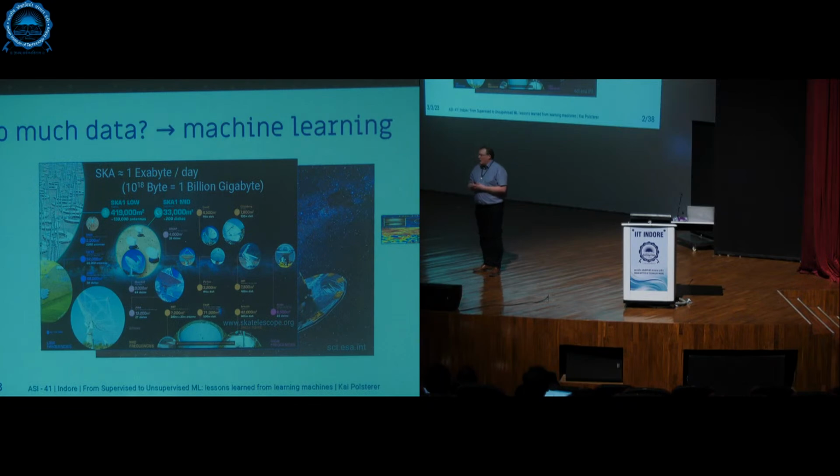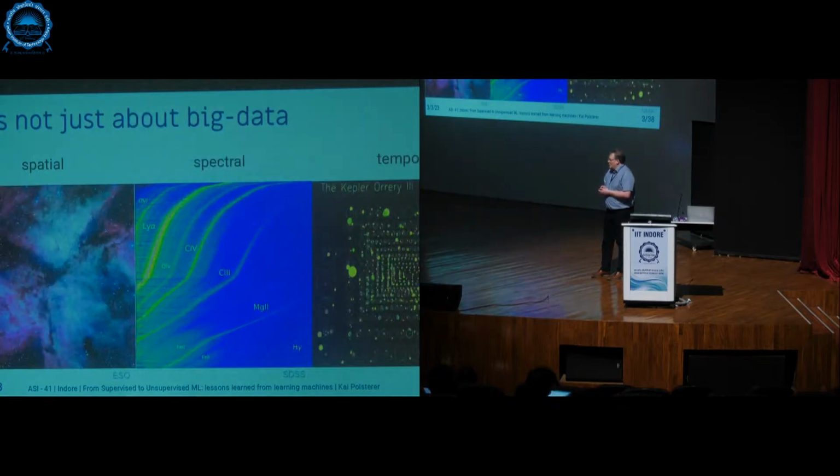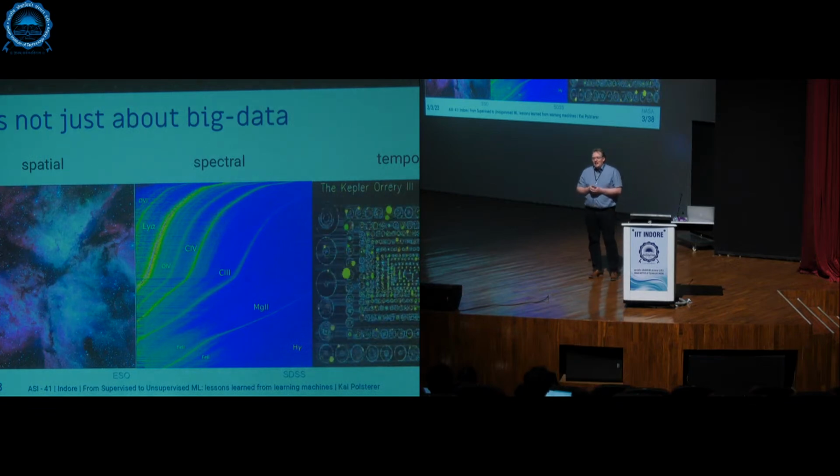And of course, we have huge instrumentation projects like the Square Kilometre Array, where we talk about something like billions of gigabytes per night. Of course, this is raw data, and if you correlate it and get it to science-ready data, it reduces. But is it really about the size of the data?